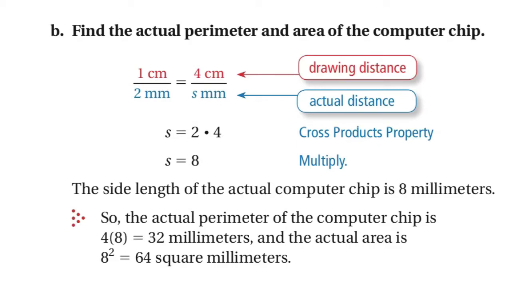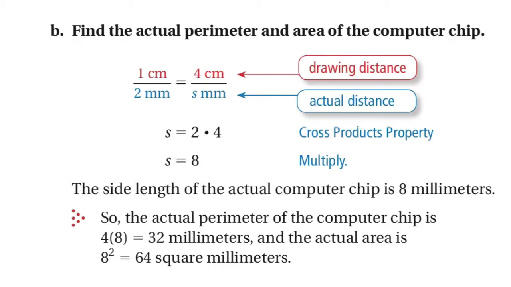Find the actual perimeter and area of the computer chip. Well, 1 centimeter to 2 millimeters. And we know that the drawing distance is 4 centimeters. So what is the actual distance?